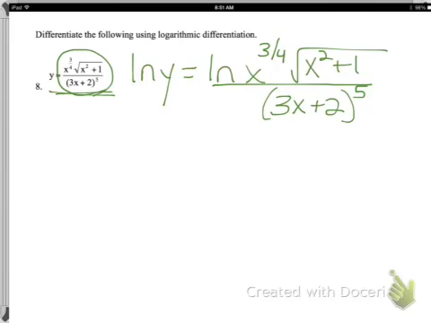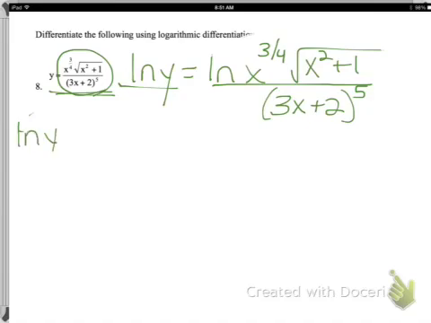Okay. Now that I've taken natural log of both sides, I'm going to find the derivative of both sides. So the derivative of natural log of y would be 1 over, I'm sorry, hold on a second. Before I do that, I want to now use my laws of logs on the right side to separate this.